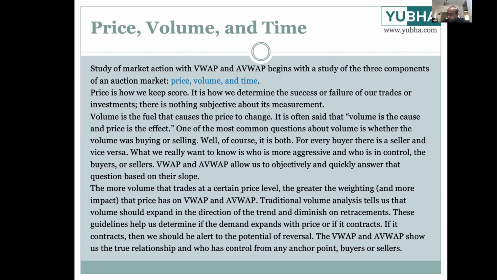So traditional volume analysis tells us that volume should expand in the direction of the trend and diminish when retracements happen. Okay, it does help us in terms of direction, but these guidelines help us determine if the demand expands with prices or whether the demand is going down.